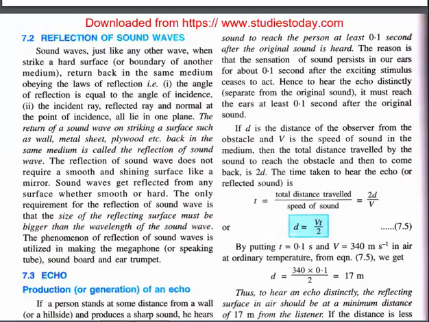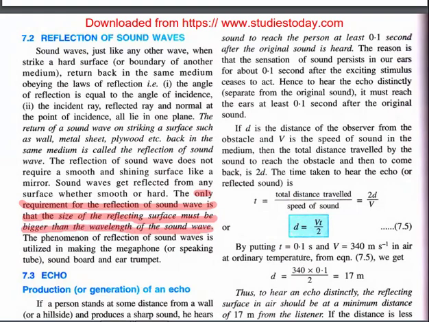Then one more thing in the same paragraph you have to underline. The only requirement for the reflection of sound wave is that the size of the reflecting surface must be bigger than the wavelength of the sound wave. This point is very important.